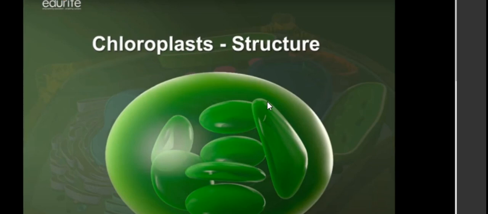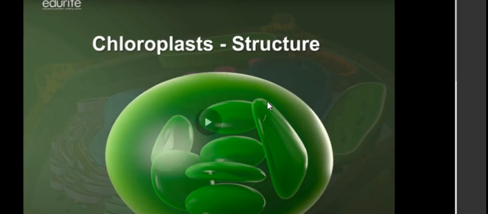Now, the chloroplast is involved in photosynthesis, whereas chromoplast provides different colors to the colorful parts of the plants like flowers, whereas the leucoplast is involved in storage of food. But in this lesson you will simply see the structure and function of chloroplast.